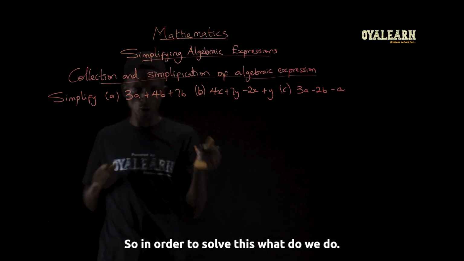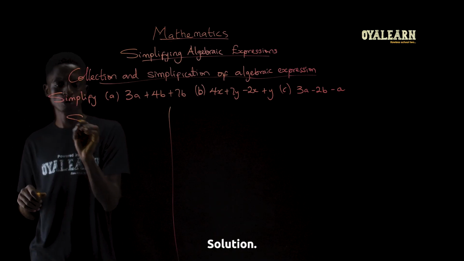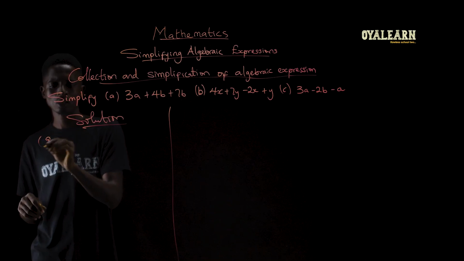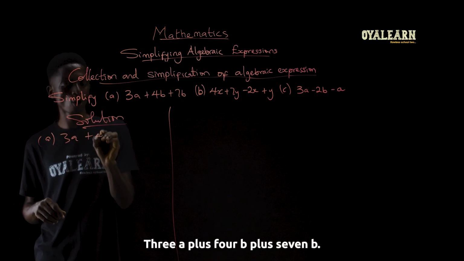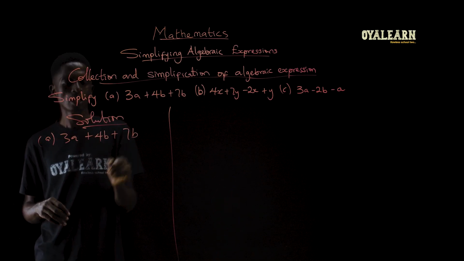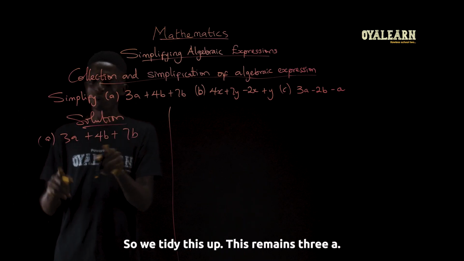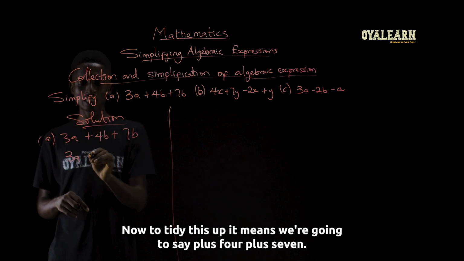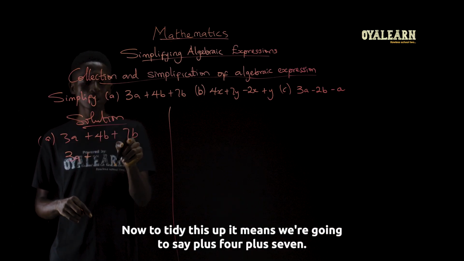So in order to solve this, what do we do? Solution: 3a plus 4b plus 7b. So they are already grouped. So we tidy this up. This remains 3a. Now to tidy this up, it means we're going to say plus 4 plus 7.